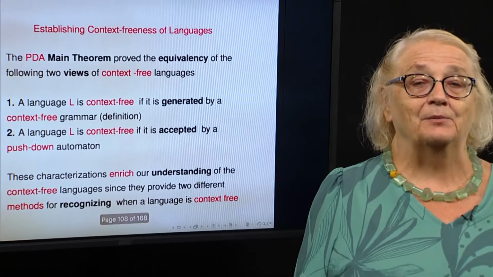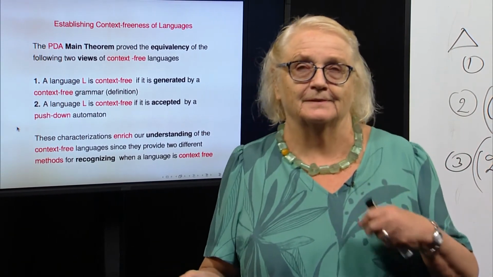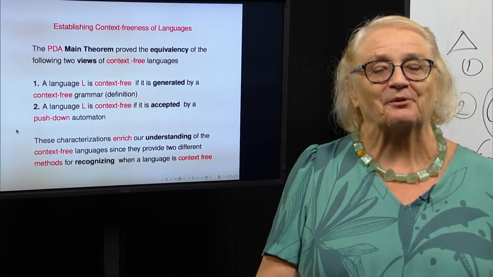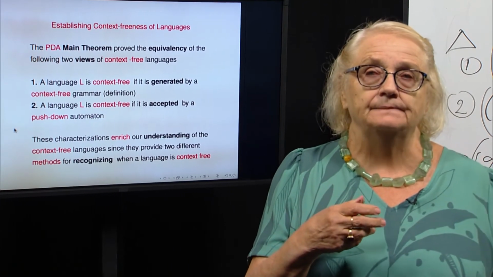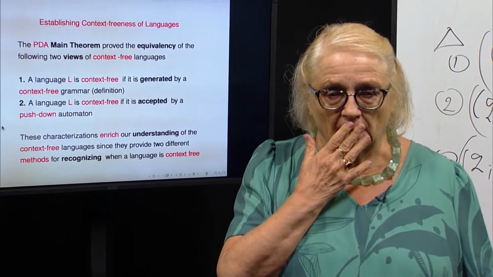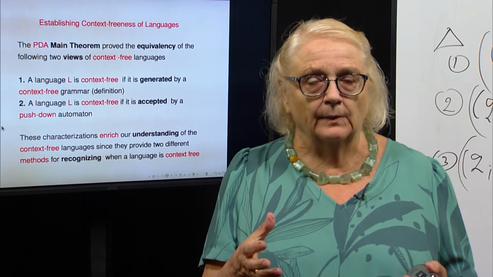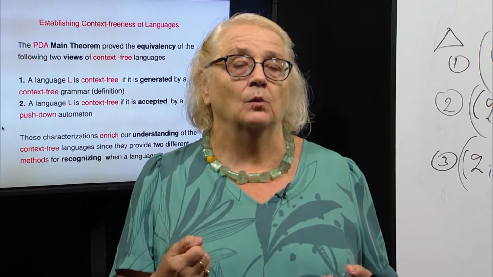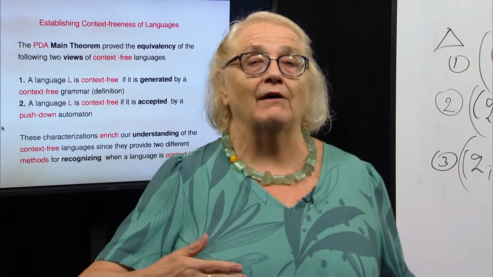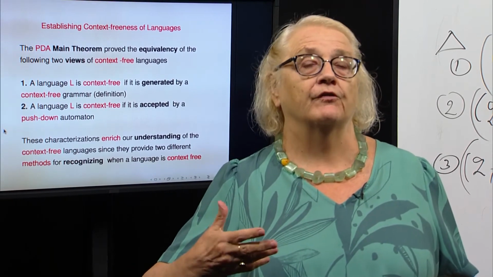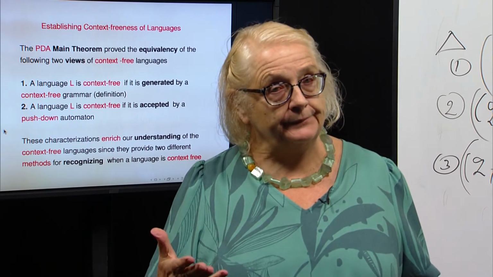So now we have the most important part. All parts are important, but this is an important part. As we did for finite automata, remember we had a pumping lemma for regular languages, which gave us a method of proving that a language was not regular.